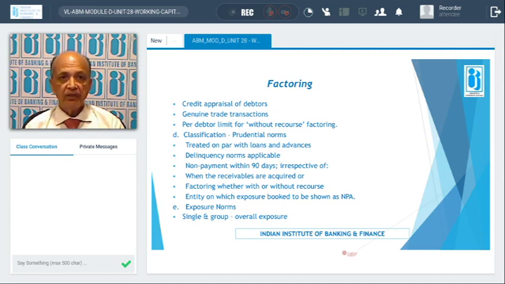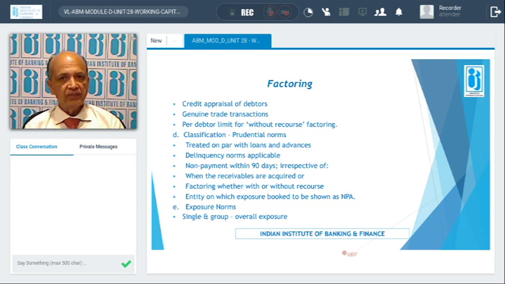after the due date, if the payment is not received within 90 days, that amount is to be classified as a non-performing asset, NPA, irrespective of when the receivables were acquired for undertaking these factoring services. So it is strictly as per loans or other advances, cash credit or other advances; the 90 days criterion would be there.